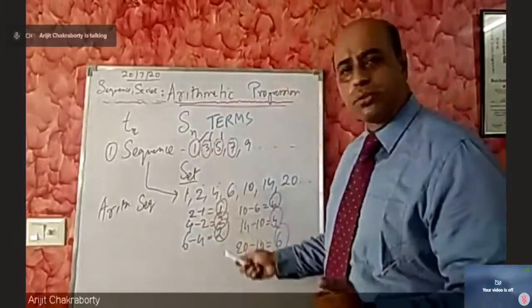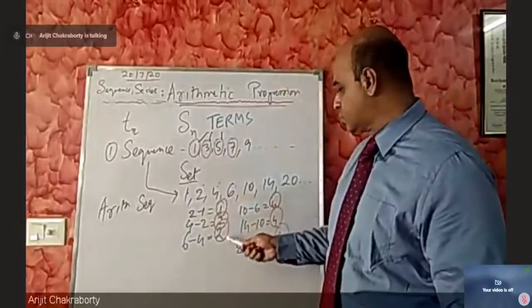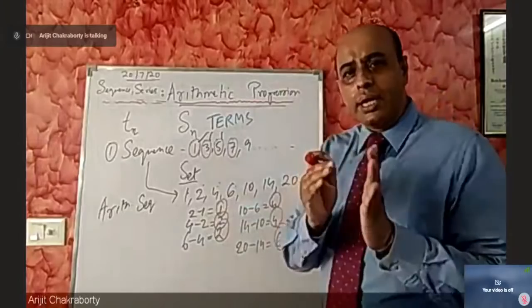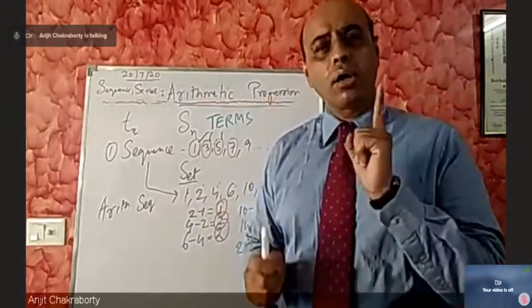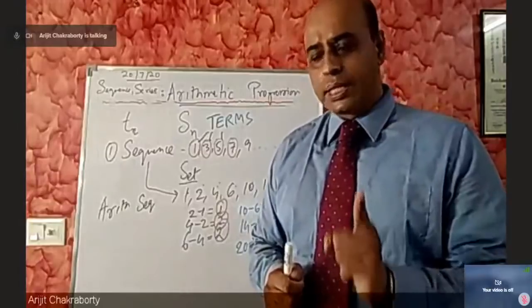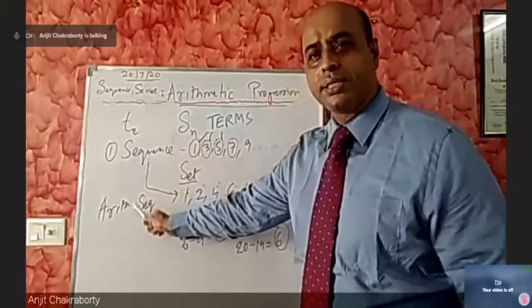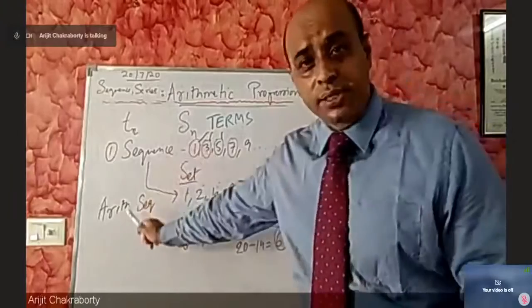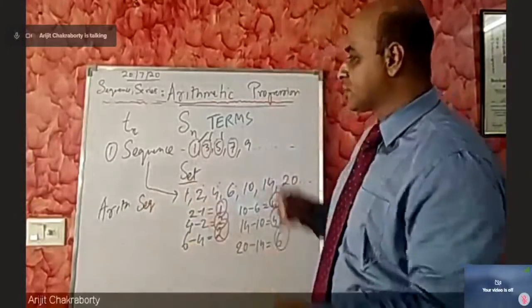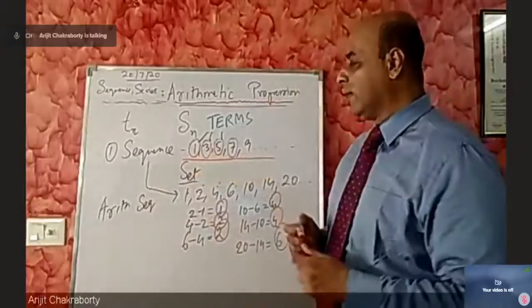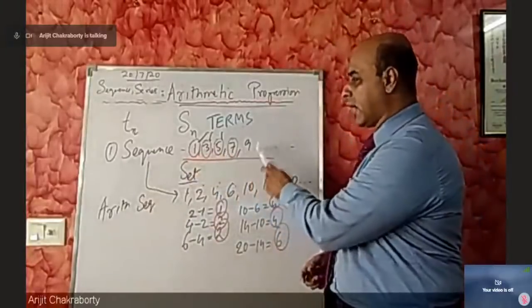No, they are not equal. The differences are changing; they are not constant. So an arithmetic sequence is a series where the differences between the numbers will be constant. For example, if you see this particular series, 1, 3, 5, 7, 9.